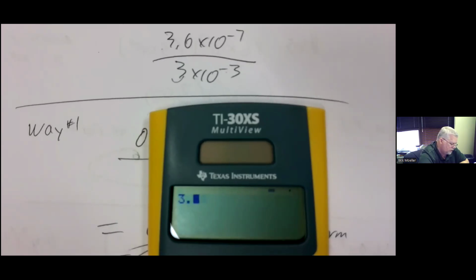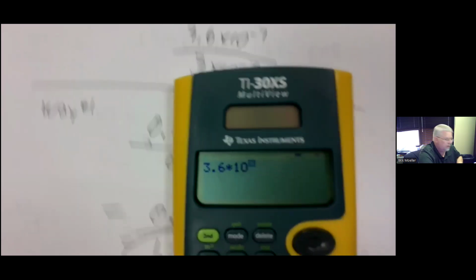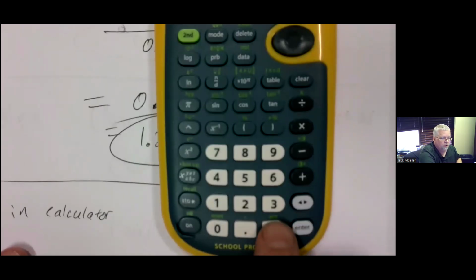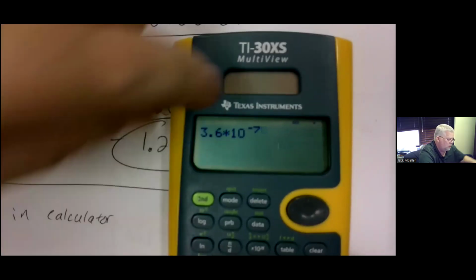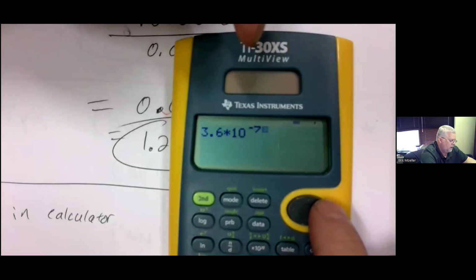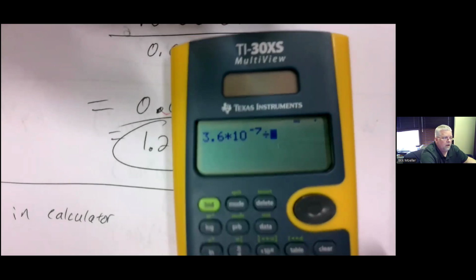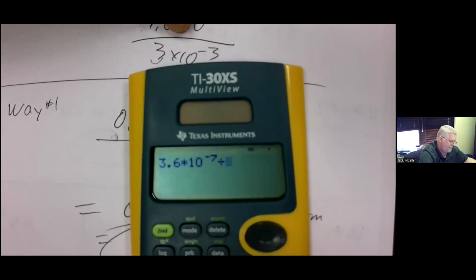So we have 3.6 times 10 to the -7. Make sure you're using the negative button, not your subtract button. Then notice the cursor is still up on top, so move your cursor with the arrow keys and then divide by 3 times 10 to the -3.